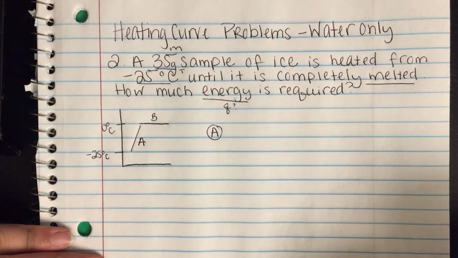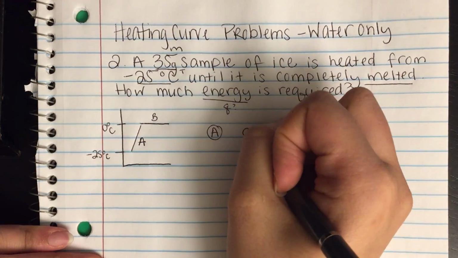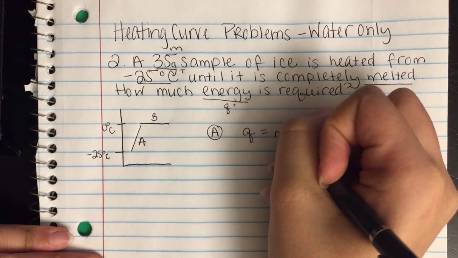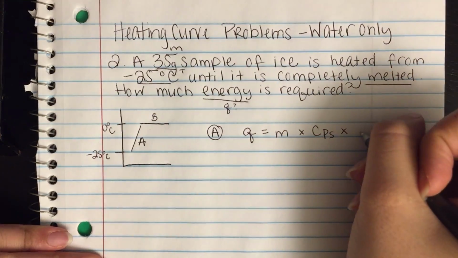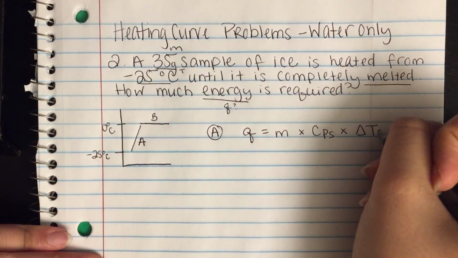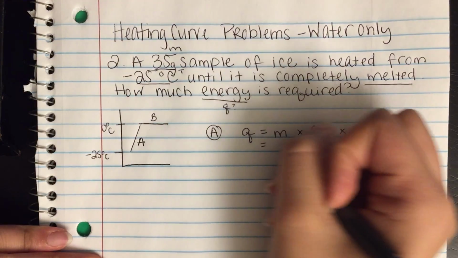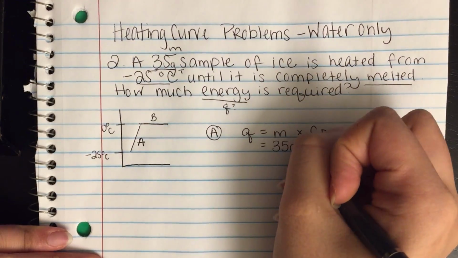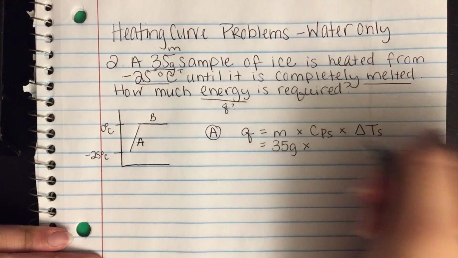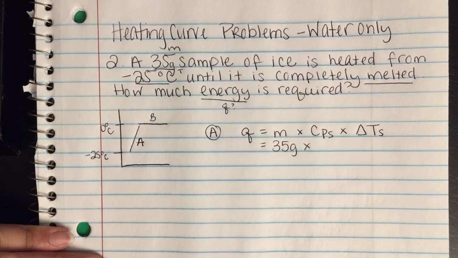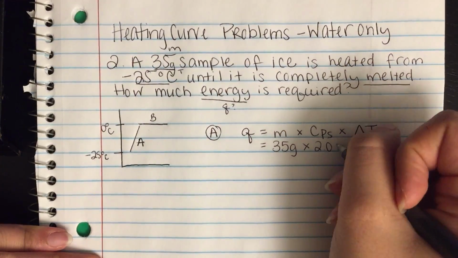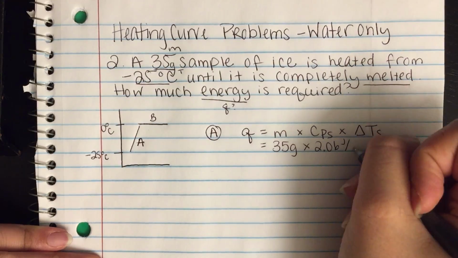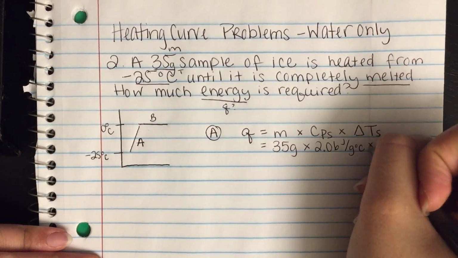Since A is a solid, it's Q equals mass times the specific heat of a solid times the change in temperature for a solid. The mass we were given in the problem, which is 35 grams. The specific heat of the solid, you can look at the top of your worksheet, and that's 2.06 joules per gram degrees Celsius.